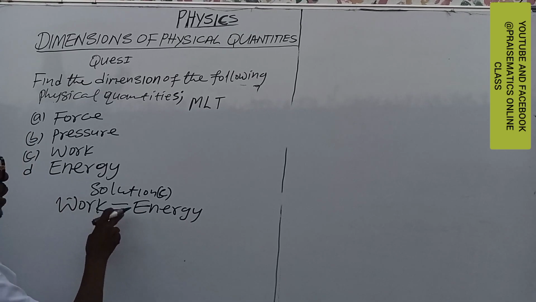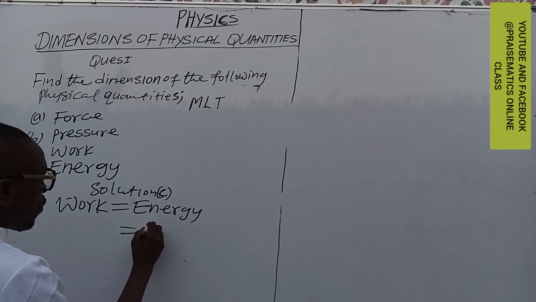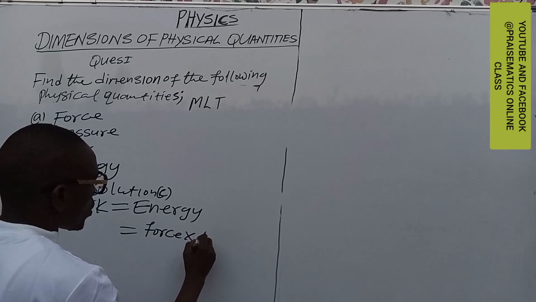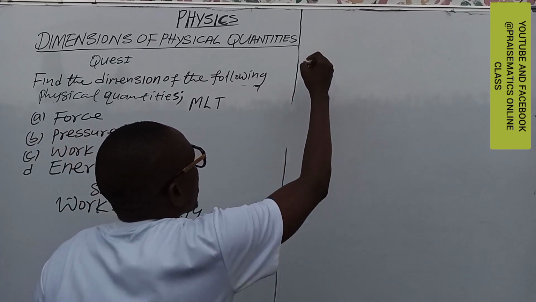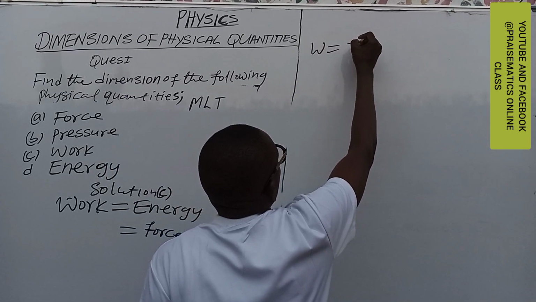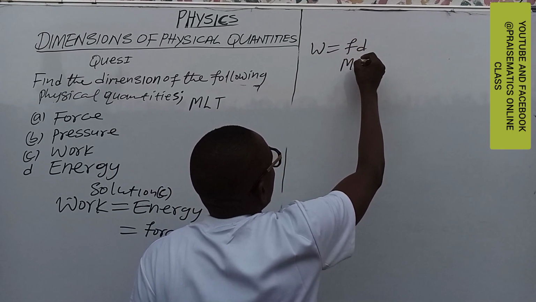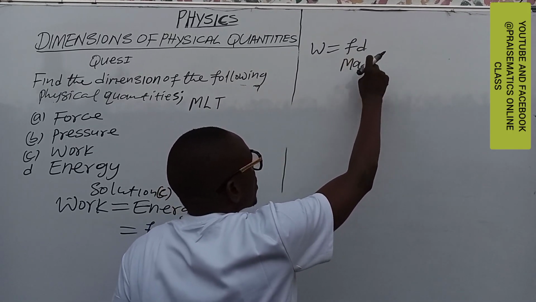So work is equal to energy, and this is equal to force multiplied by distance. Now what do we have? Work is equal to FD. Another form of FD is mass times acceleration times distance.